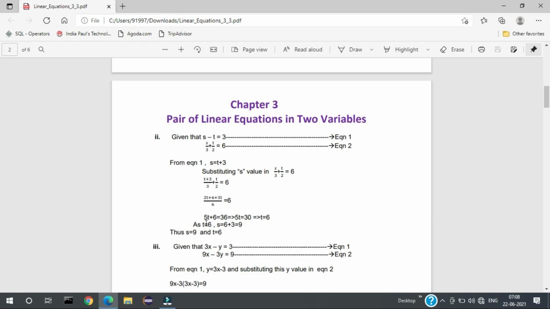So 5t plus 6 equals 36. 6 into 6, 36. That implies 5t equals 30. That implies t equals 6. As t equals 6, s equals 6 plus 3, 9. Hence, s equals 9 and t equals 6.